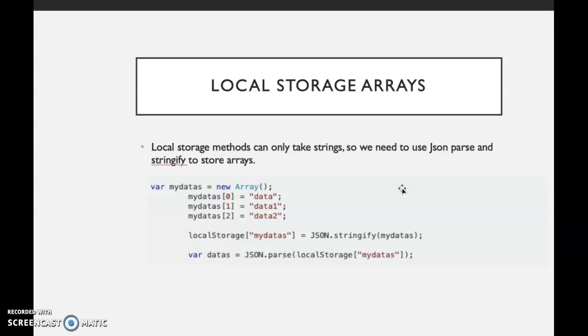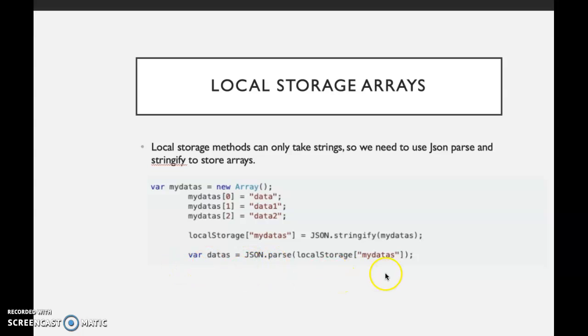So we have to use JSON stringify. We use a variable here, and then we stringify, so now it's going to be a string. And then if we're going to call that data out, we have to parse it.